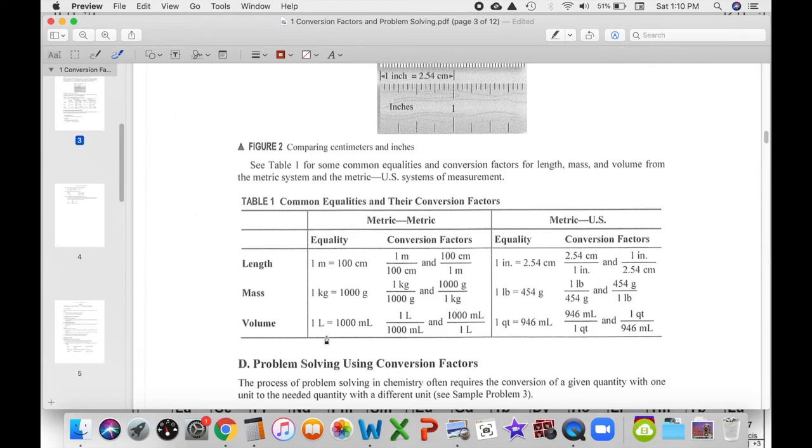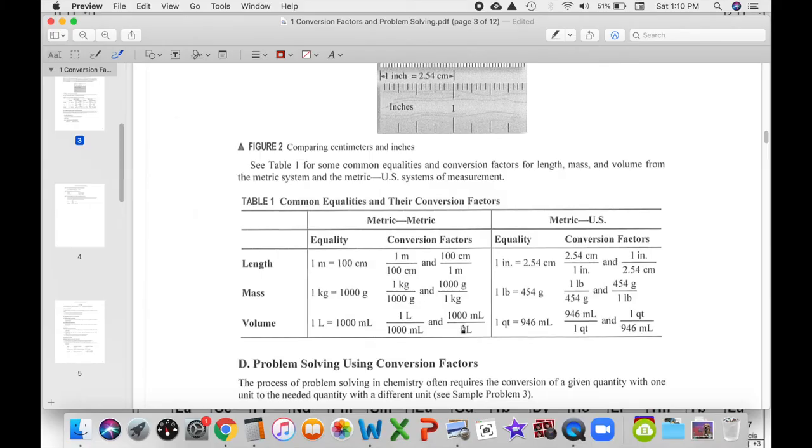We can then write those out as conversion factors. You can take these two pieces of your equality and write them as two possible fractions: 1 liter for every 1,000 milliliters, or 1,000 milliliters for every liter. So you're going to use one of these two conversion factors if you were to convert from liters to milliliters, and you would use the other conversion factor to go from milliliters to liters.